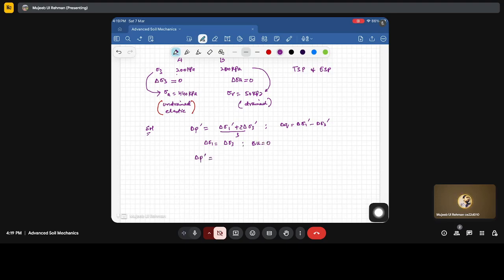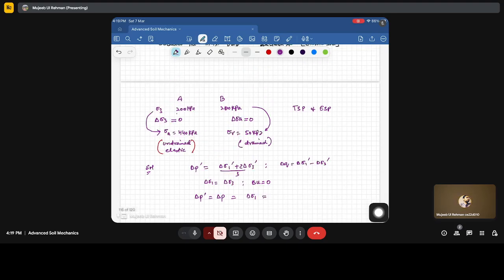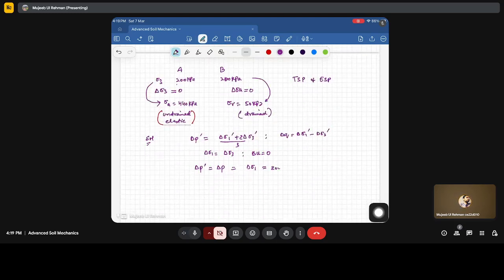So delta p dash is equal to delta p, which is equivalent to delta sigma 1. How much is delta sigma 1? Consolidation has been done at a stress of 200 kPa, so it is 200 kPa on both sides. Fine.